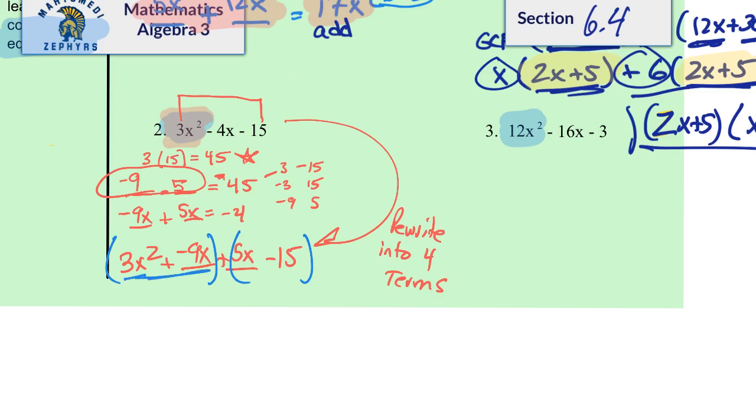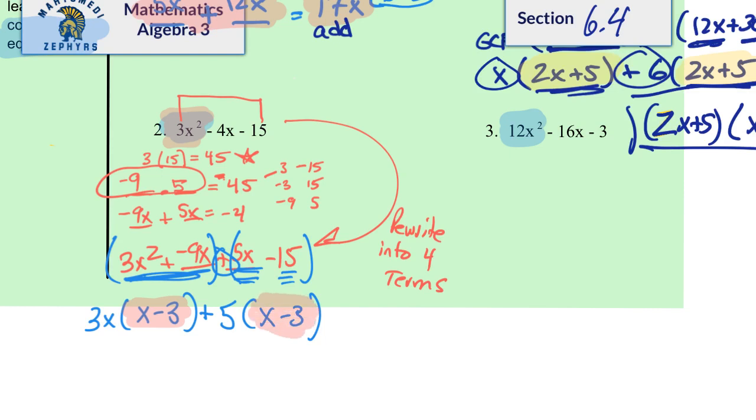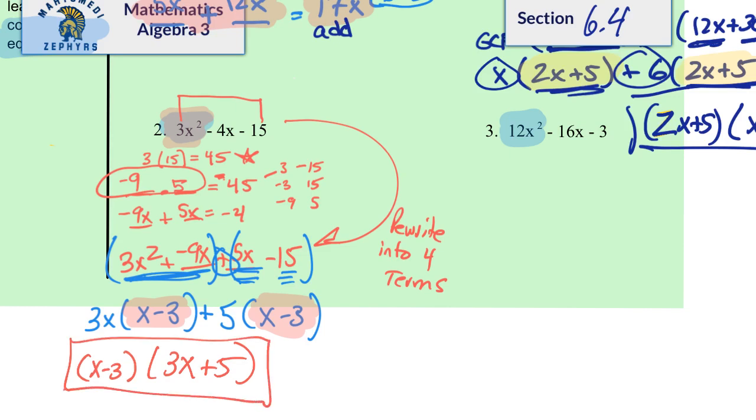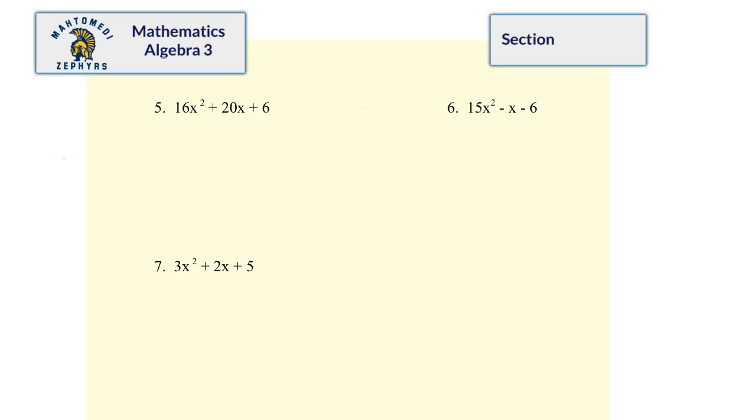So in here, I can pull out a 3x, and I have x minus 3 left. Plus, here, I can pull out a 5, and I have x minus 3 left. Look at that. I now have another greatest common factor. If I pull an x minus 3 out of both of those, all I have left is the answer: 3x plus 5. Outstanding. Outstanding.